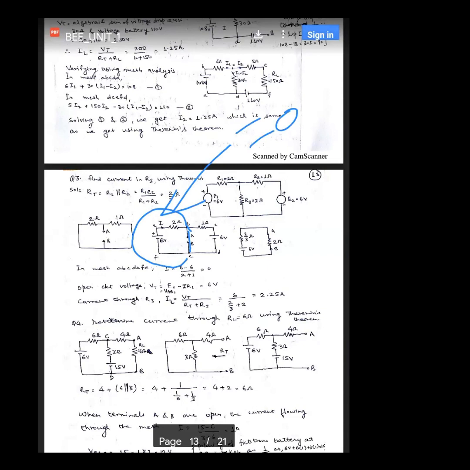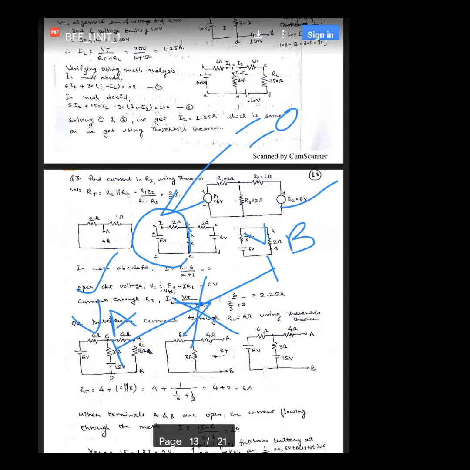If the current is 0, there is no potential difference. As I have explained yesterday also, if no current is flowing, VA and VB are at same potential, or they are equipotential.